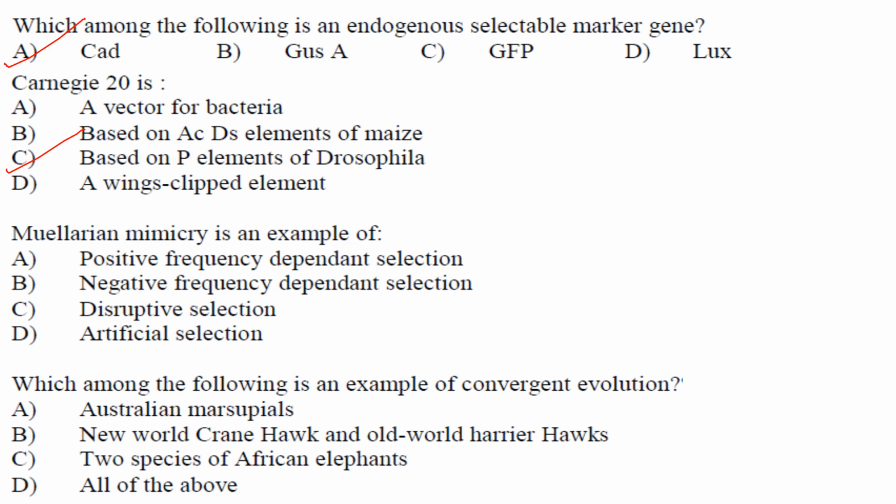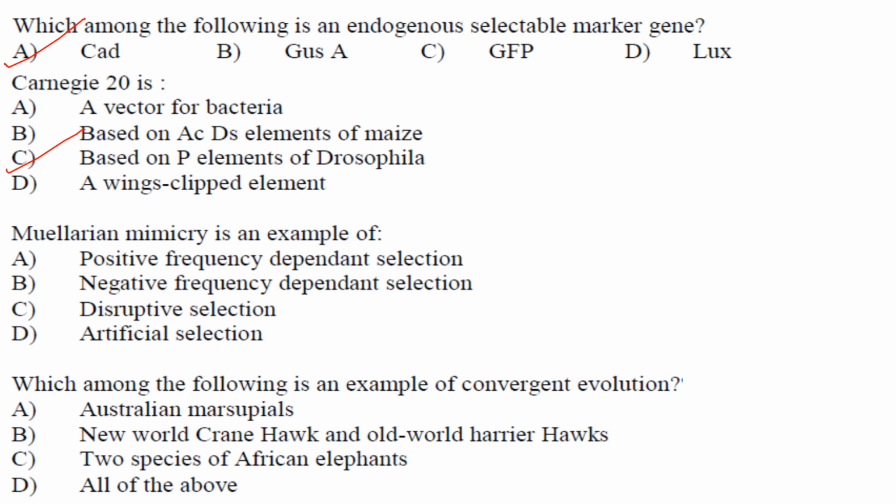Now as in the case of monarch and viceroy butterfly, which show Mullerian mimicry. So the monarch and viceroy butterflies share a bright orange pattern. Once the predator would have tasted the monarch butterfly, it would have known that it is not palatable.